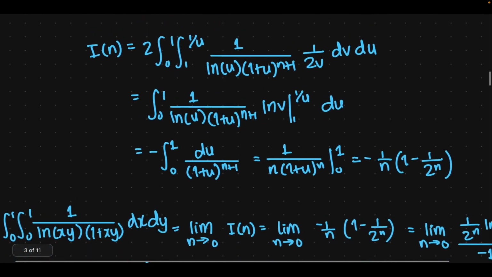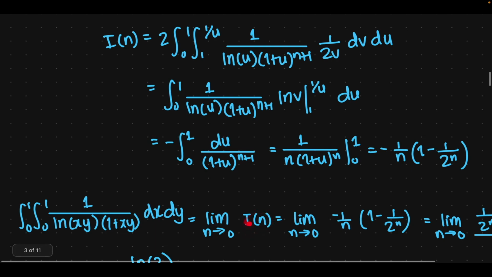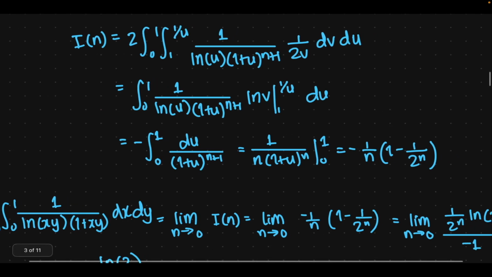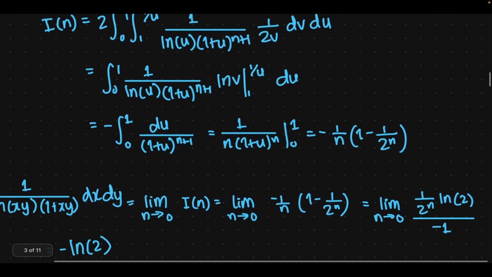Now I can go a little ahead and actually take the limit as n goes to 0 of I of n, which basically becomes this integral where the power of n is 0. So 0 plus 1 is 1. So there's power 1 for this 1 plus xy term. When I do that, I have the limit as n goes to 0 of minus 1 over n times (1 minus 2 to the n).